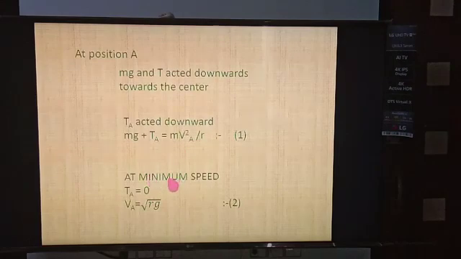For the minimum possible speed at this point, we can write TA is equal to 0. If TA is equal to 0, then VA is equal to square root of rg, means VA minimum is equal to square root of rg. At the uppermost position the speed is minimum and it is equal to square root of rg.